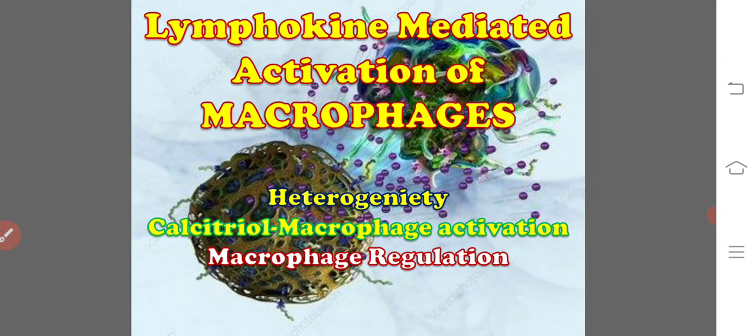calcitriol macrophage activation and macrophage regulation. Generally, macrophages act as a rapid protective mechanism which can respond before T cell mediated amplification has taken place. Then they take part in the initiation of T cell activation by processing and presenting the antigen. Finally, they are important in the effector phase of the cell mediated response, following T cell mediated activation, as inflammatory or tumoricidal or microbicidal cells.